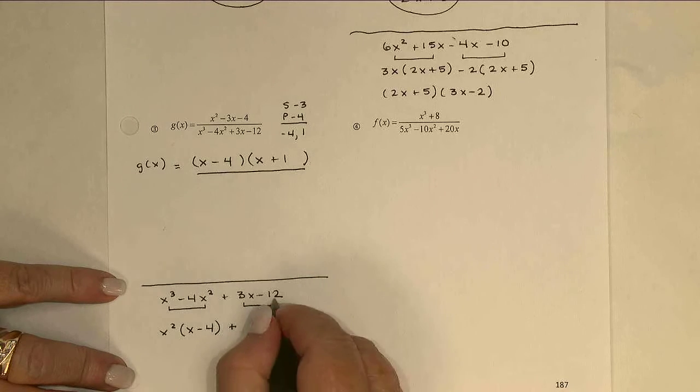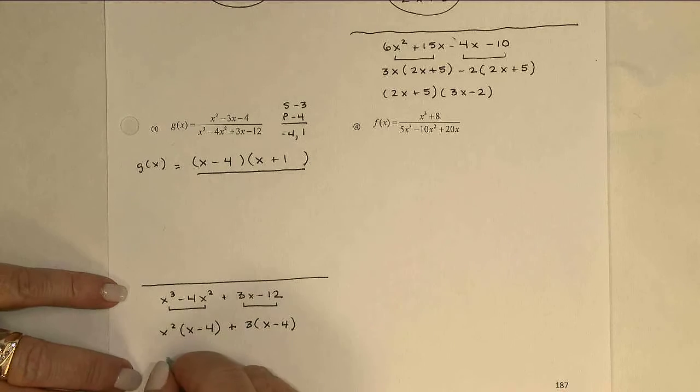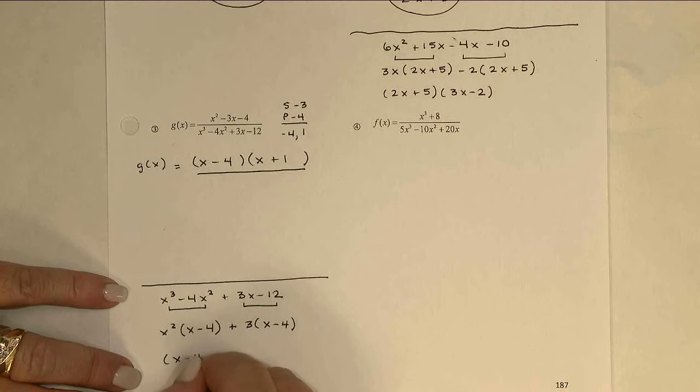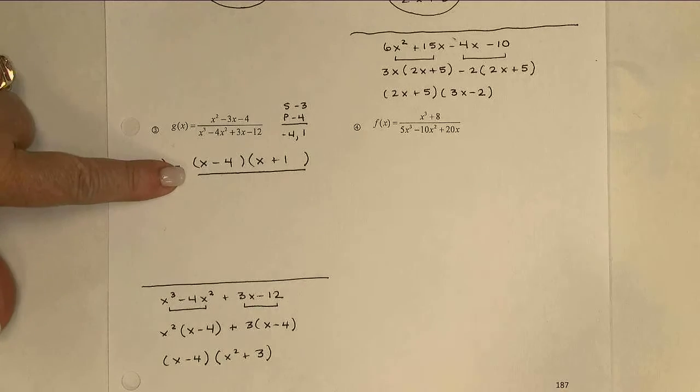Plus I'll factor out a 3 here, also giving me x minus 4. So x minus 4, my common binomial, times x squared plus 3. And so I'll put that up here in my denominator.